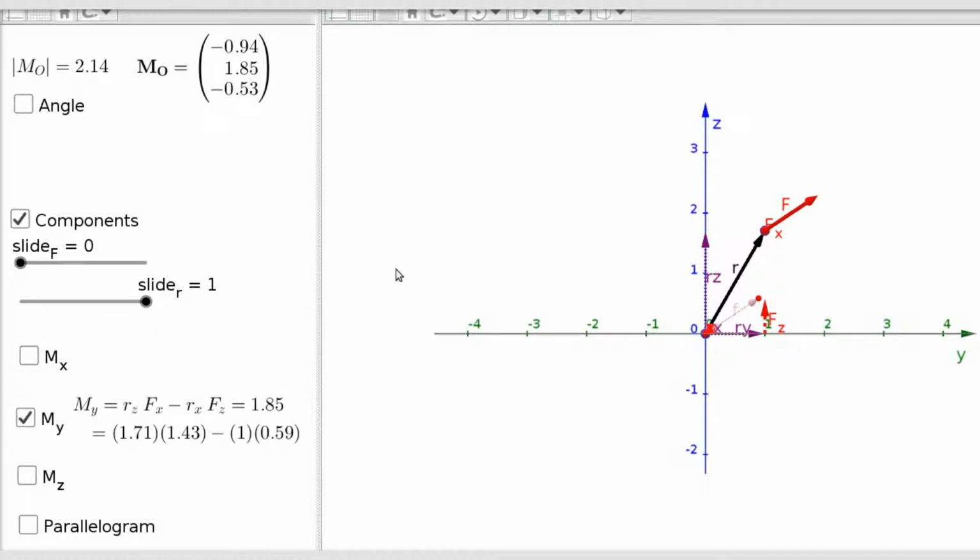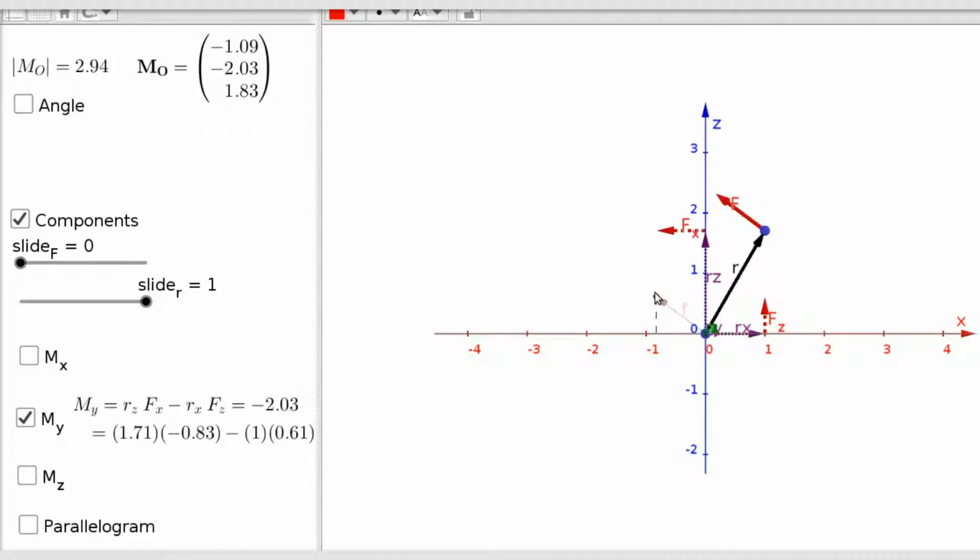And we can look at the moment in y also. But there's a difference. If we look at our equation, we see that this moment, let's change it so that both things appear to be positive, but the moment in y is actually negative.